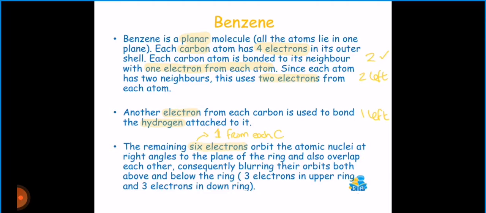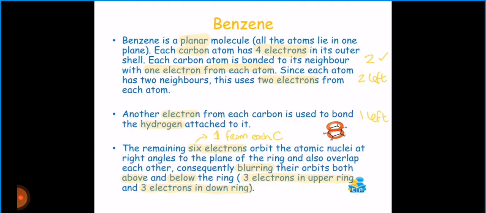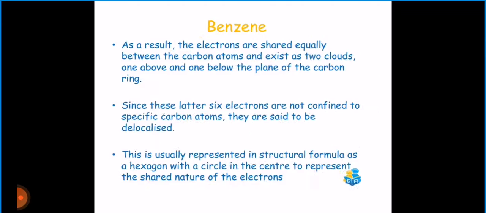So consequently there's a blurring of the orbitals both above and below the ring, and the blurring comes from 3 electrons in the upper ring moving around and 3 electrons in the lower ring moving around. And this is indicated by this small little diagram here. As you can see, we've got a blurry ring above and below the plane, and the top one is coming from the 3 electrons and the bottom one is coming from the 3 electrons that are moving around. And we're going to explain this now in greater detail on the next few slides.